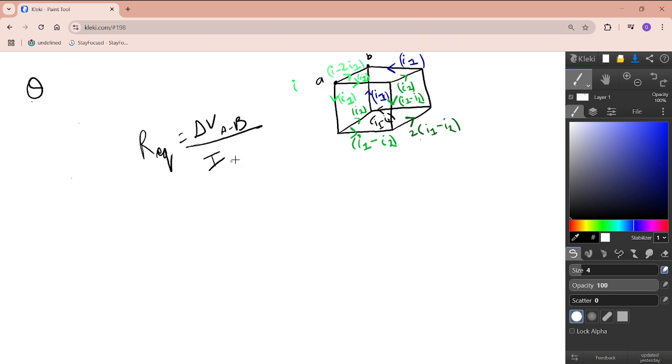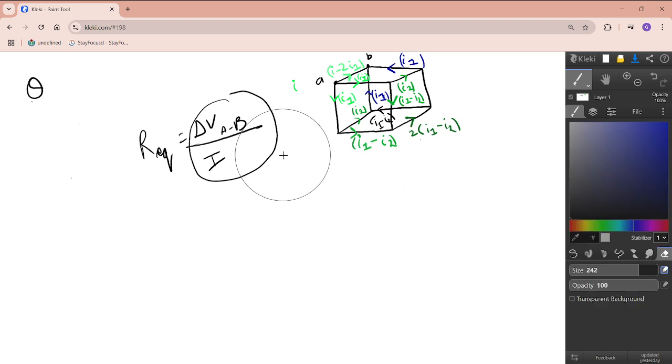So we sent an I current. So delta VAB upon I should be the equivalent resistance. The I could be anything. We could have varied it. So we must get this delta VAB in some form of I, so that I gets divided and we get a constant as the answer.